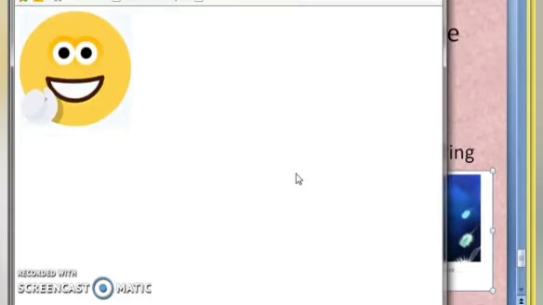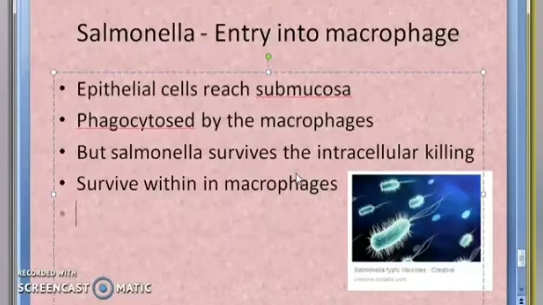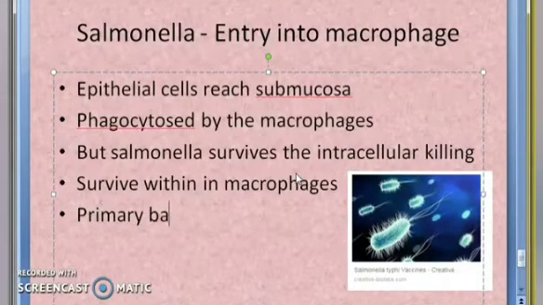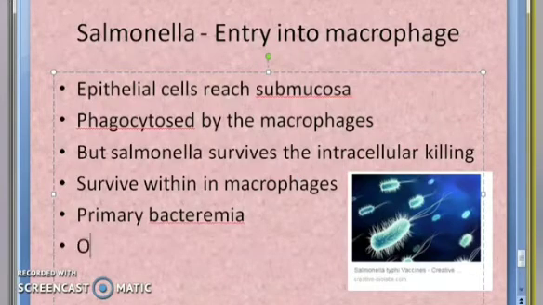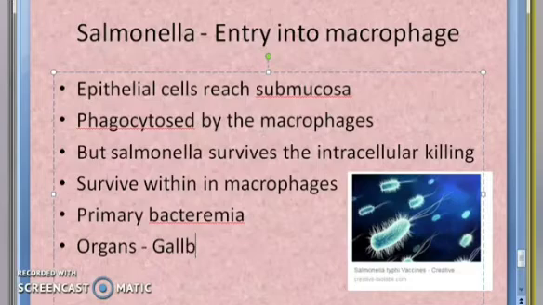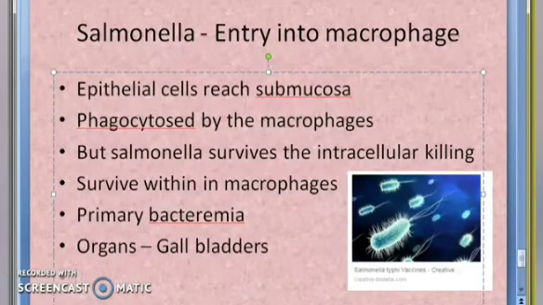Please get up if you are sleeping. We are talking about primary bacteremia, and then it goes to the organs, gallbladder especially. It loves to divide in the gallbladder because it loves bile. Okay, it goes to gallbladder, liver, lungs, kidney.